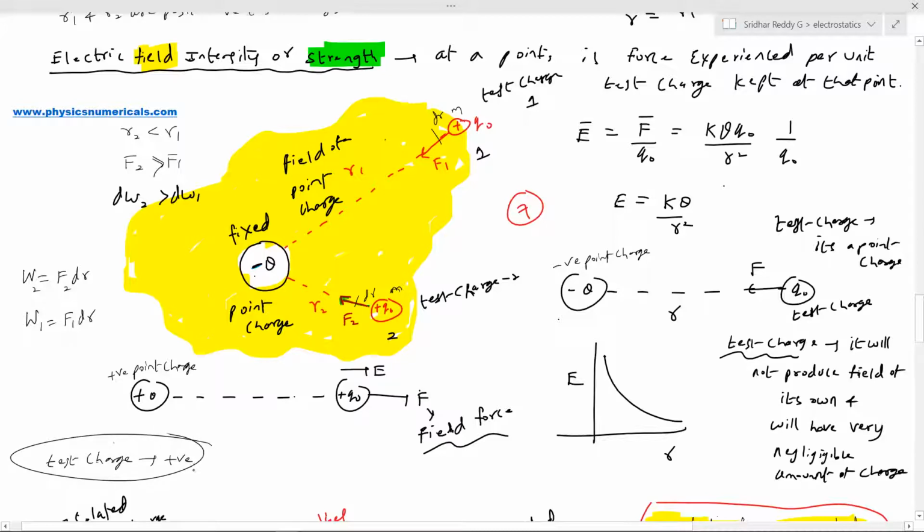Very, very important: the test charge will be a positively charged particle. The test charge should not be negative. It's a convention. In the beginning of electrostatics, starting from Coulomb's law, they assumed the test charge to be positive. So we should follow that convention.